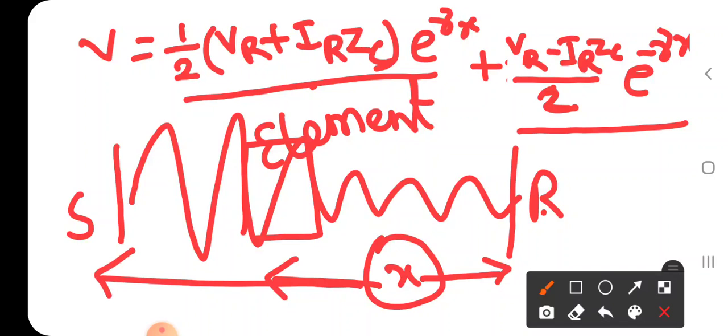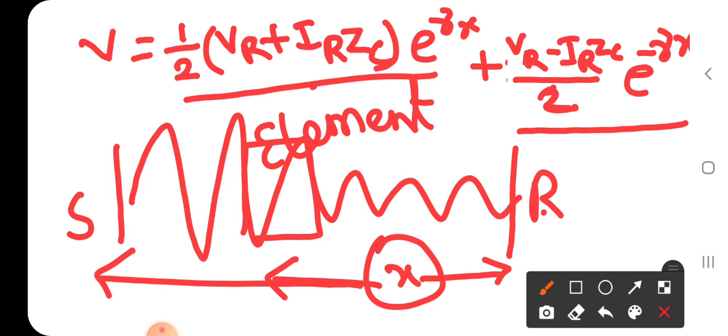So as the value of x increases, the voltage component also increases, and it is very near to the sending end. Hence it is called the incident voltage.